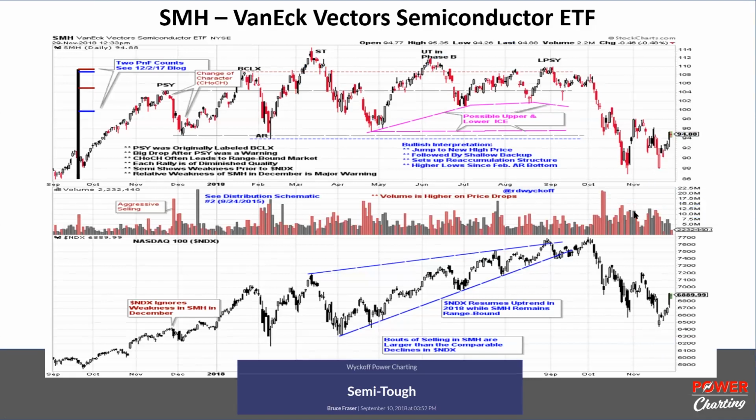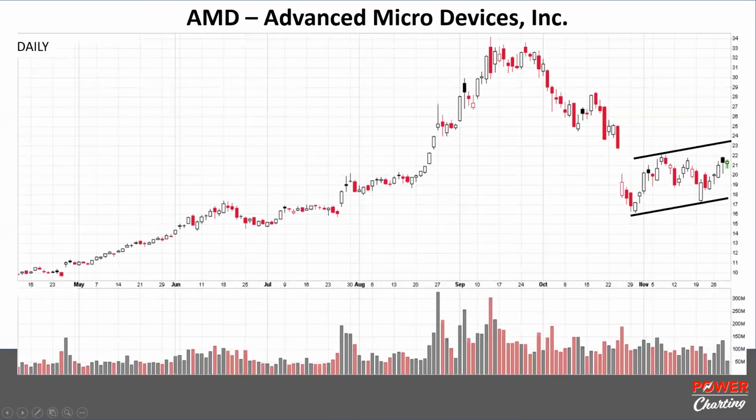Excellent. Well, let's think about the stocks. If we're thinking short-term strategies here, what would we select, and how would we trade it? I think AMD is one of those scenarios where on a short-term basis, we could have some kind of rally back maybe into the higher zone of the resistance.